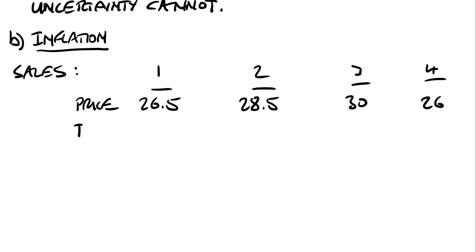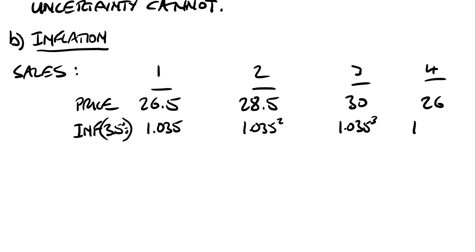And the inflation we said was going to be at 3.5%. So that's going to be times 1.035, 1.035 to the power of 2, 1.035 to the power of 3, and 1.035 to the power of 4.